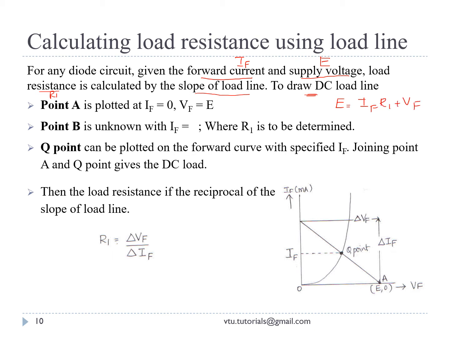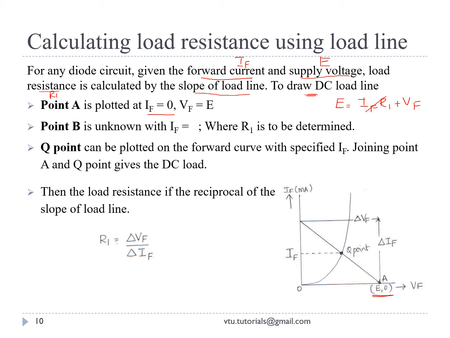Now let's see the point A. The point A is plotted at IF equal to 0. While drawing the DC load line, we have seen that to determine the point A, we assume IF is equal to 0. In that case, VF is equal to E. So you will get the first point E comma 0 on the x-axis.